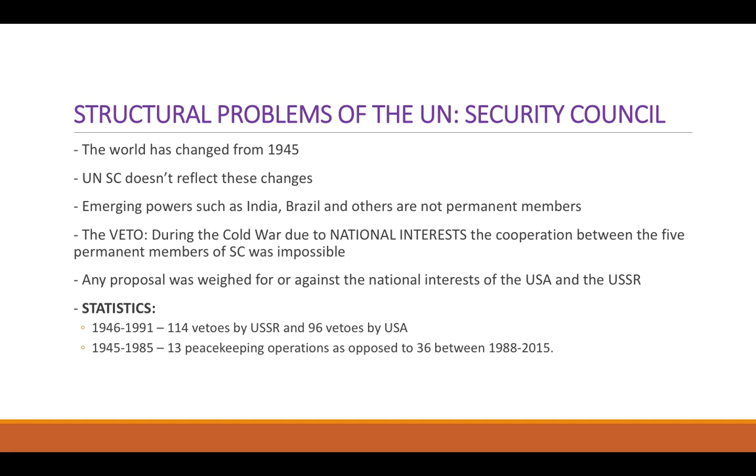So only 13 operations were realized by United Nations peacekeeping, which probably helped to solve conflicts around the world. But after the Cold War, it increased to 36. It increased almost threefold. That means that after the collapse of the Soviet Union, the world was different. Although it doesn't exclude the fact that today Russia has taken over the role of the Soviet Union, and there are still conflicting, clashing interests between the USA and Russia.